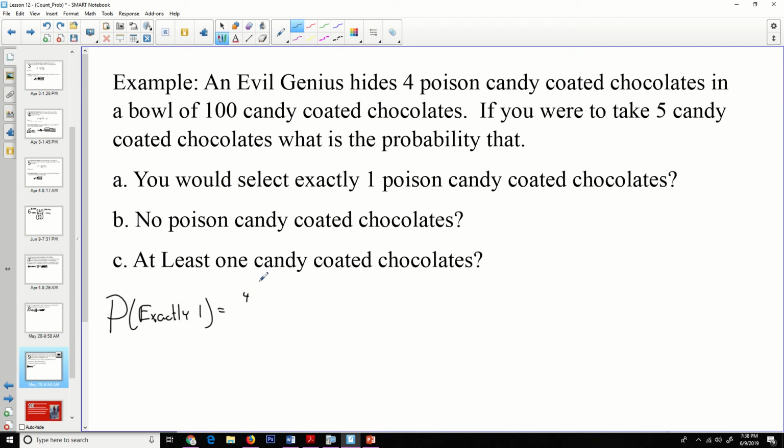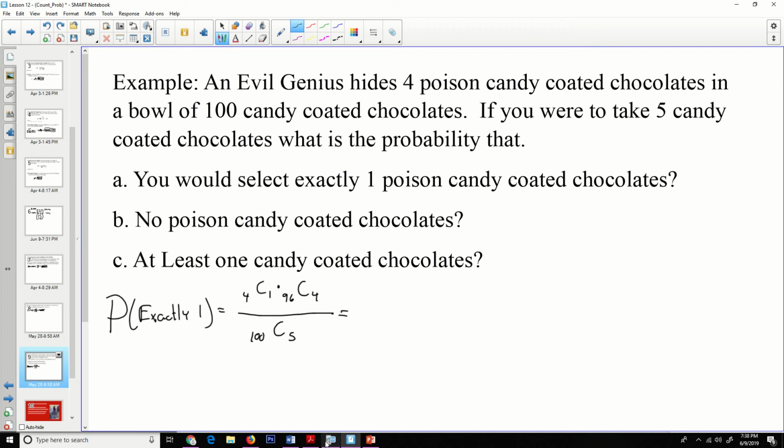So 4 chosen one at a time, exactly 1 of the 4 poison ones. And then from the 96 left, since we're choosing 5, we still have to choose 4 more, over. There are 100 chocolates in the bowl, and we're going to choose 5 of those.